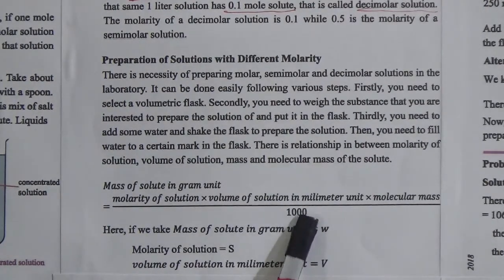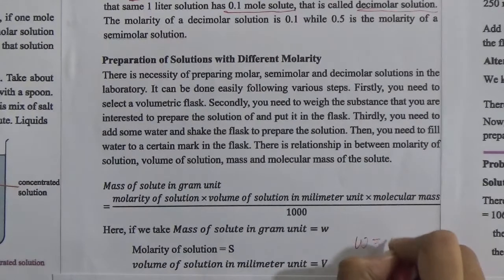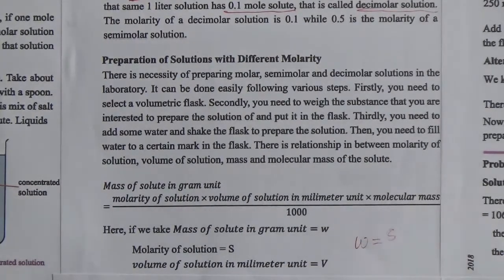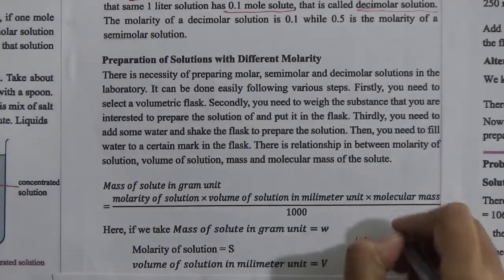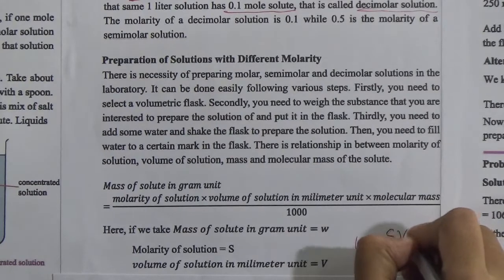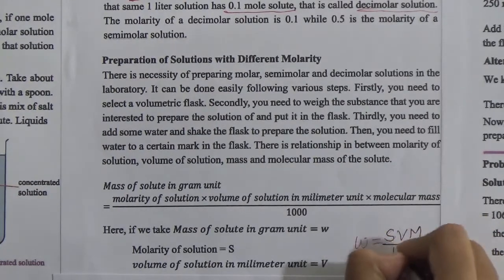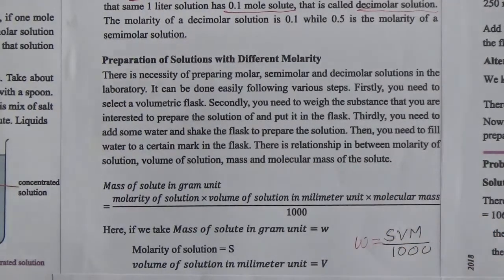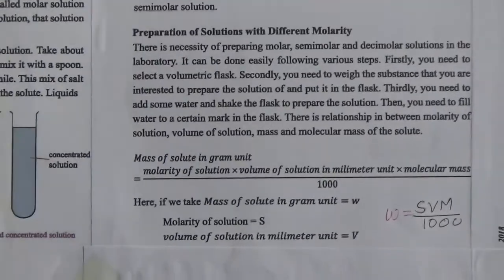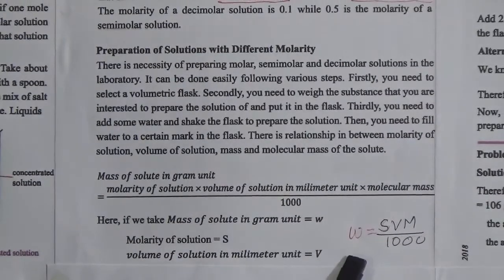In short form we can say W is equal to SVM divided by 1000, and here W is the mass of the solute in gram unit.